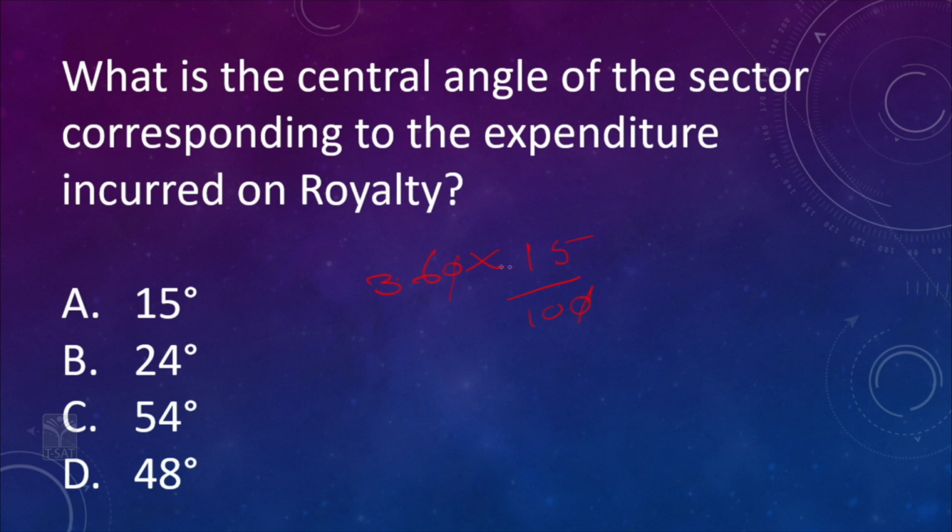You can say 5 3s are 15, 5 2s are 10, 2 1s are 2, 18 3s are 54 degrees. So, simply you can say 360 into 15 by 100 is 54, correct?